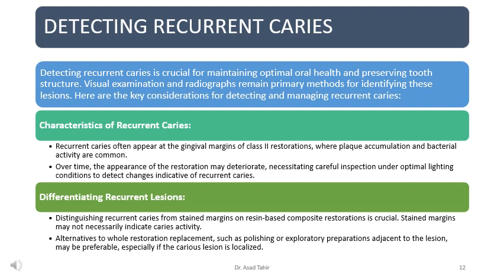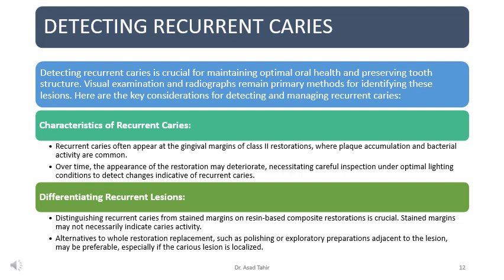Differentiating recurrent lesions: distinguishing recurrent caries from stained margins on resin-based composite restorations is crucial. Stained margins may not necessarily indicate caries activity. Alternatives to whole restoration replacement, such as polishing or exploratory preparations adjacent to the lesion, may be preferable, especially if the carious lesion is localized.